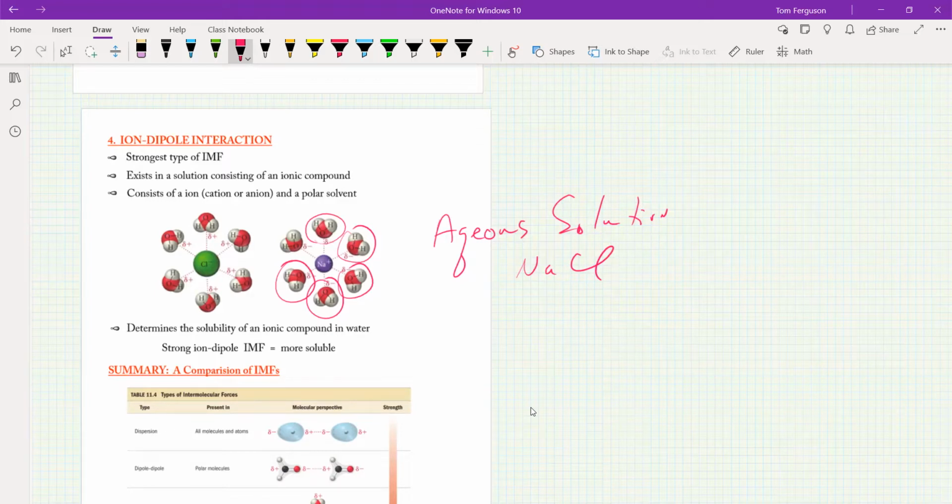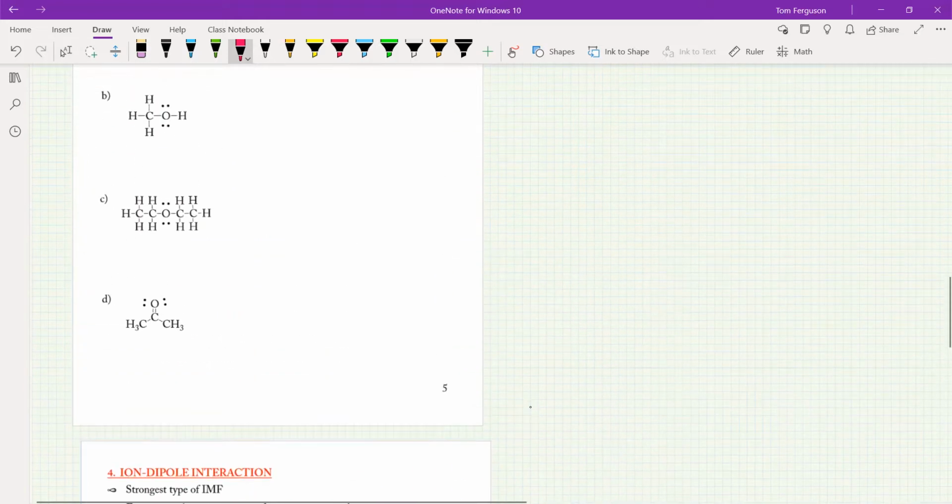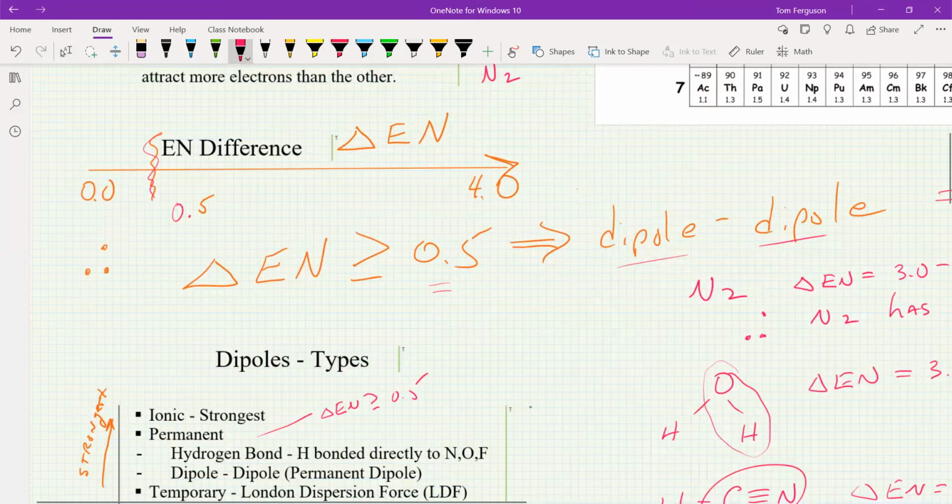Okay, now this is going to create extreme polarity because it has huge differences in electron dispersion. Okay, we have a really strong molecule. Water, like I showed you up here, is 1.4, very strong.